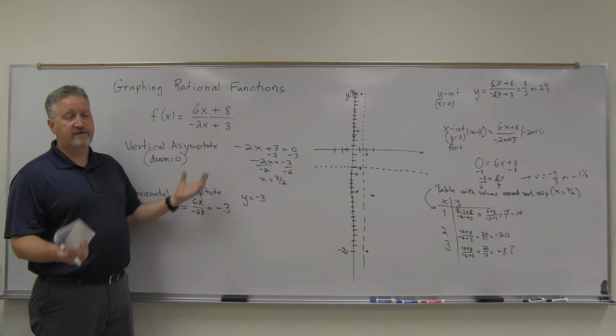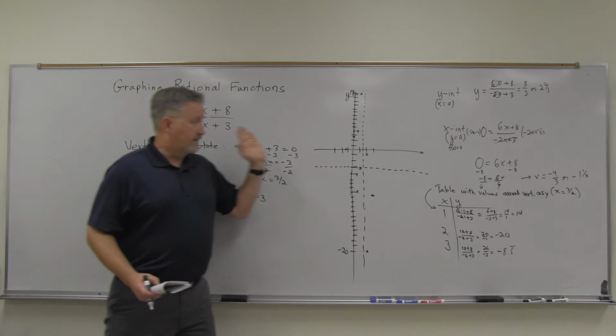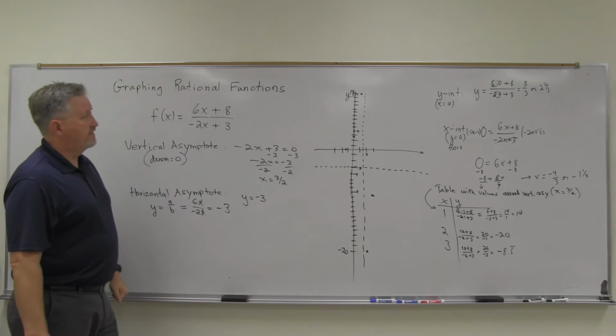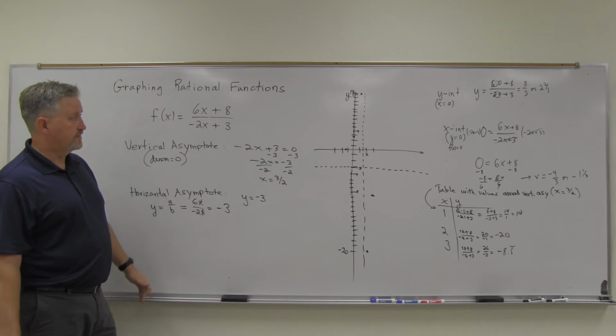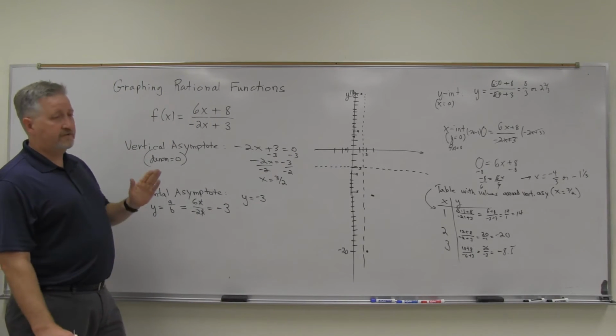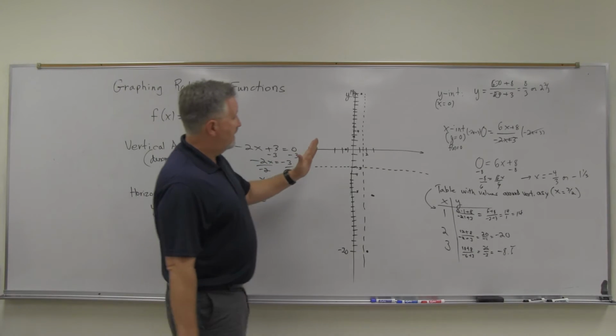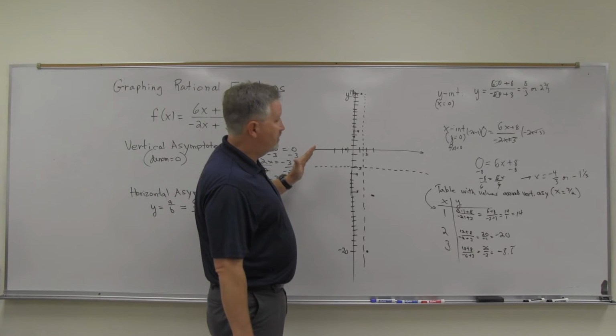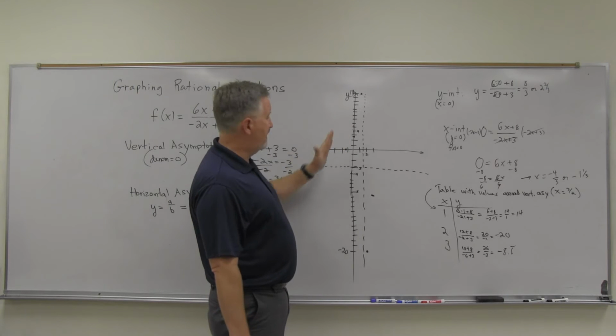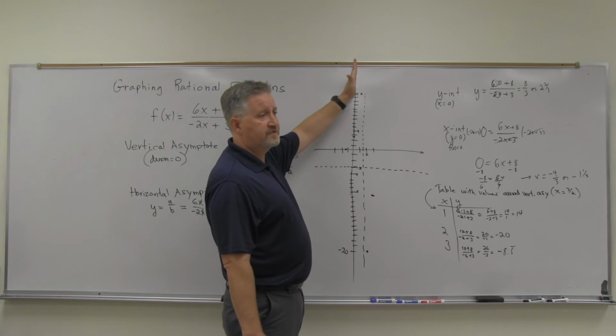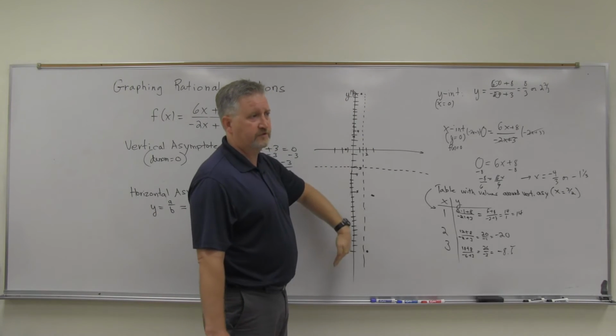Something over 0, that's not a number. So my graph is not going to cross that vertical line, and that's one of the reasons we draw it in. The other thing we saw was what happens as I approach one side or the other of the vertical asymptote: it either goes up towards that vertical asymptote or it goes down towards it.